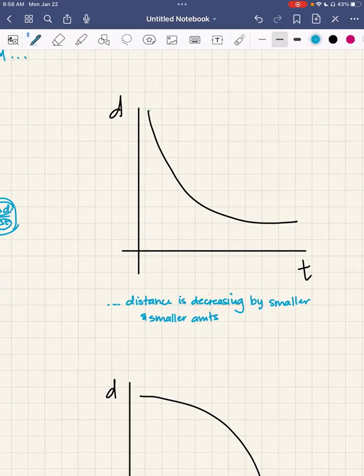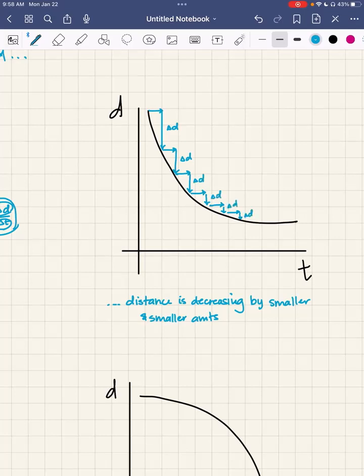But if we did here, we'd be saying, okay, for that first second, your distance decreased by quite a bit. In that next second, the distance decreased, but by a slightly smaller amount, right? Same thing here, and so on. So these changes in distance are negative, but they are getting less negative.